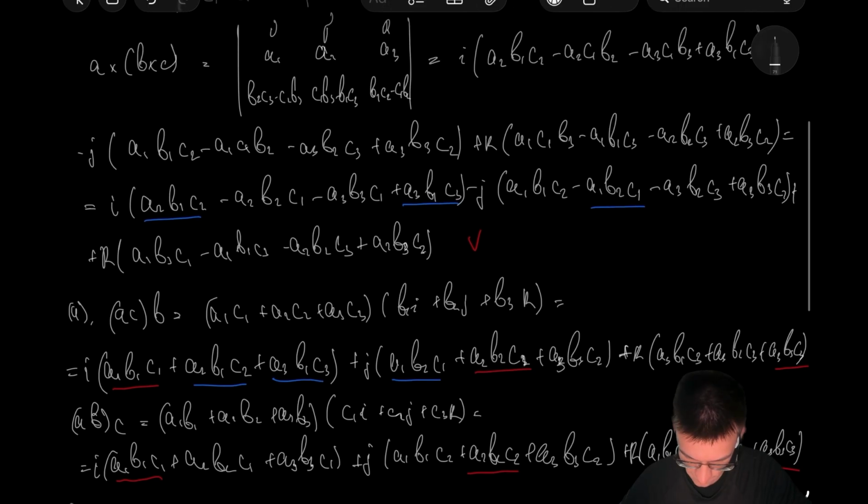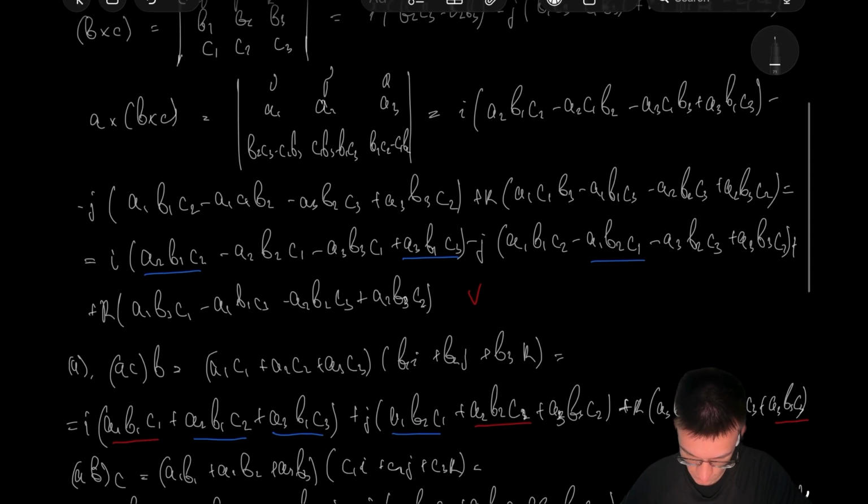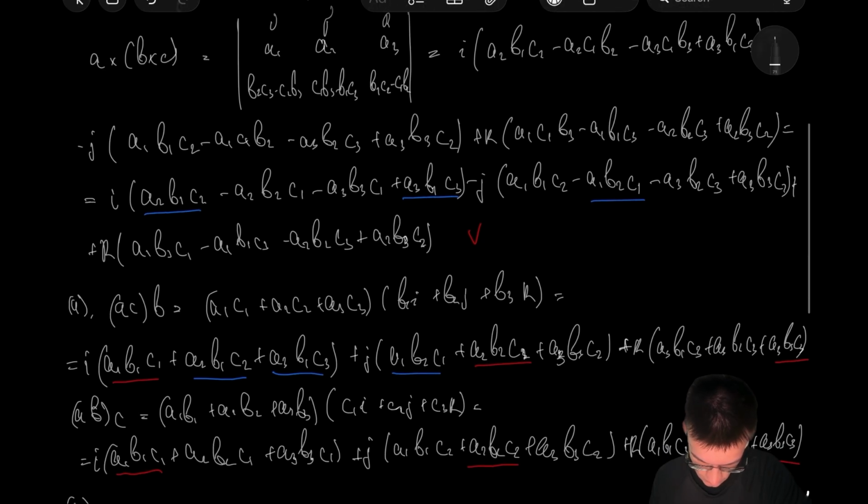Let's take a look carefully. Oh yeah, that should be positive. A3, B3, C2. It should be positive. I don't think it is negative. Hold on a second. That should be C3.